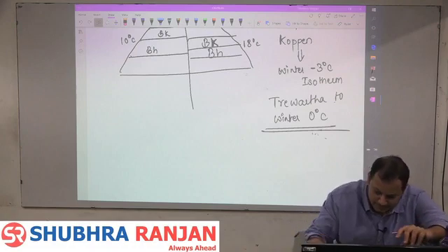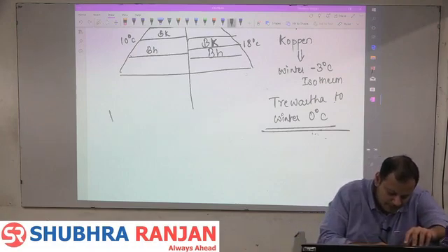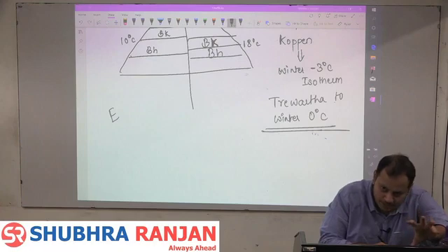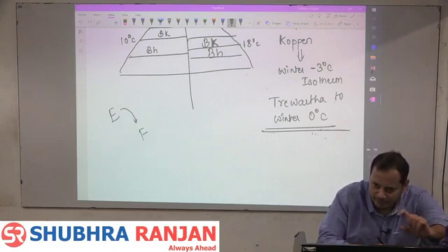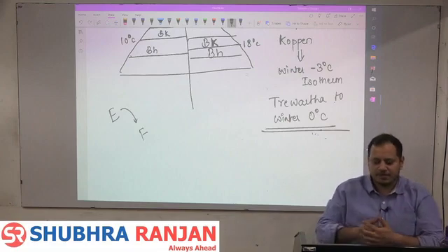Next, how many climatic types in Köppen? A, B, C, D, E, that is 5. Trevartha has 6, with F. So Köppen's E is Trevartha's F. That is the next difference.